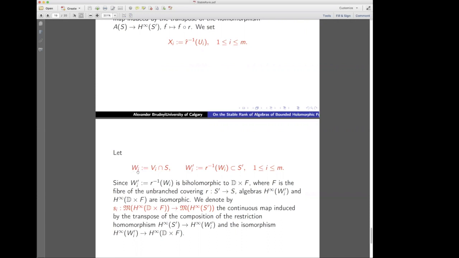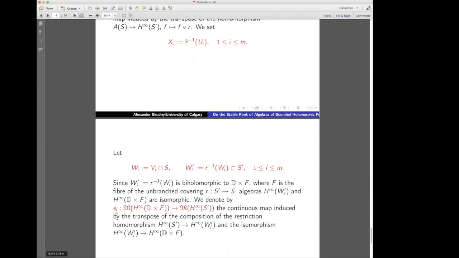Because Wi is simply connected, by the Riemann mapping theorem Wi is biholomorphic to the unit disk, and from here we obtain this. In particular, the algebras H infinity of Wi prime and H infinity of D times F are isomorphic.